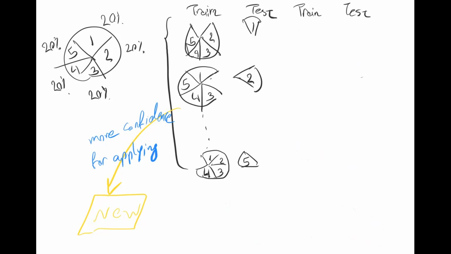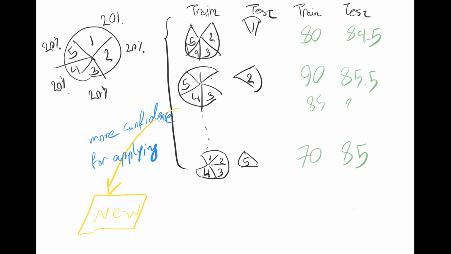Let's say my performance is 80, 84.5, 85.5, 85, 80, 97, and let's say two others are 85, 85.1, maybe 84.9, 84.8. Look at what happened.